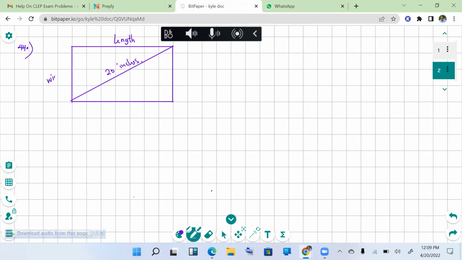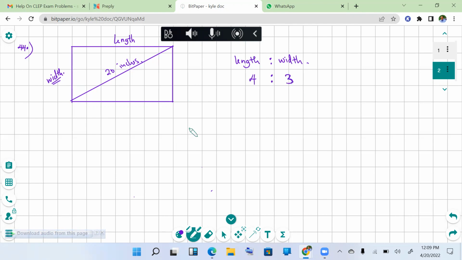This is the width. So the ratio of the length to the width is 4:3.